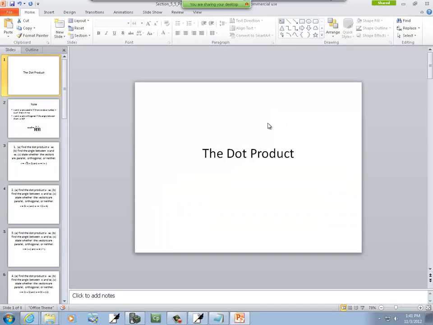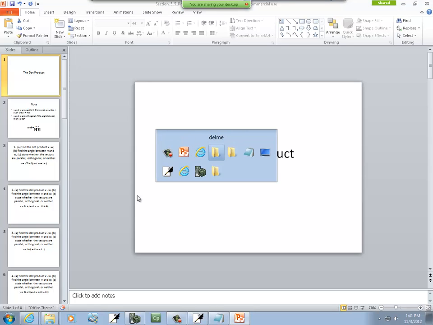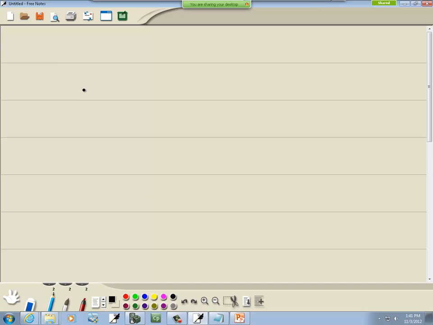And let's look at the dot product. Now the dot product goes like this. If you have your first vector, and maybe I shouldn't use u, I'll use v, is equal to a sub 1 i plus b sub 1 j, and w is equal to a sub 2 i plus b sub 2 j.